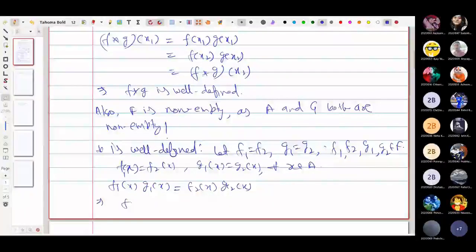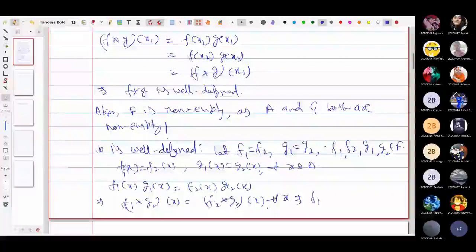The left-hand side is nothing but (f1 star g1)(x) equals (f2 star g2)(x), and this is true for all x. So this implies that f1 star g1 equals f2 star g2. Okay, fine. So both are well defined. Star is also well defined, and this is also well defined.